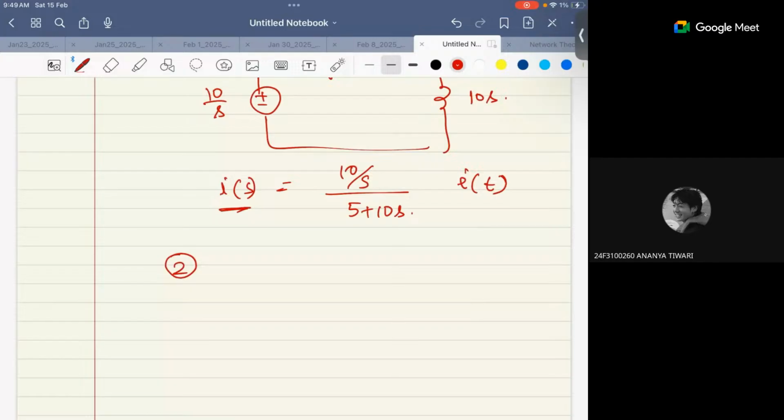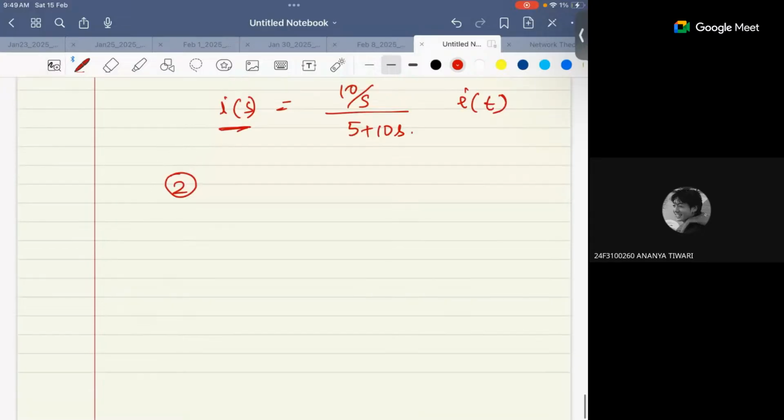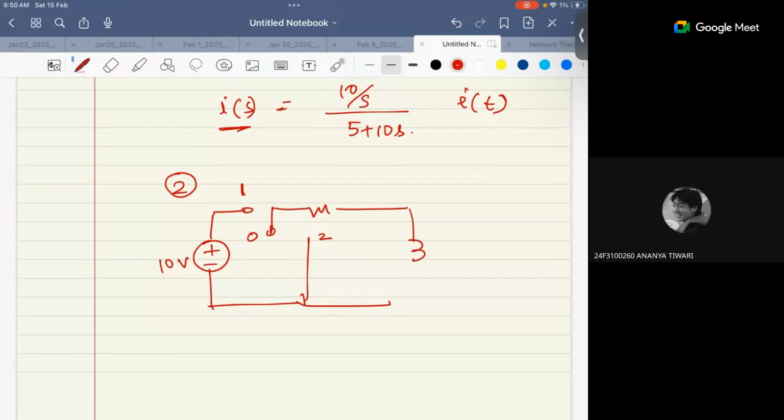Similarly, in the second question you have some connection, some voltage source, 10 volt, and you have been given this is 1, and this is 2, with 0.5 Henry, this is 10 ohm, and this is the I(t).